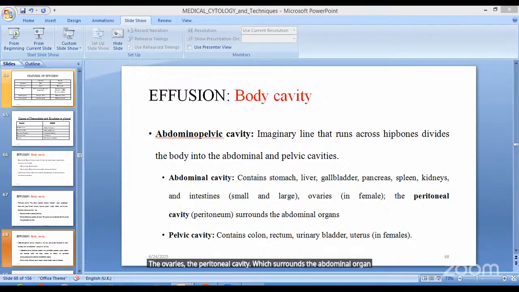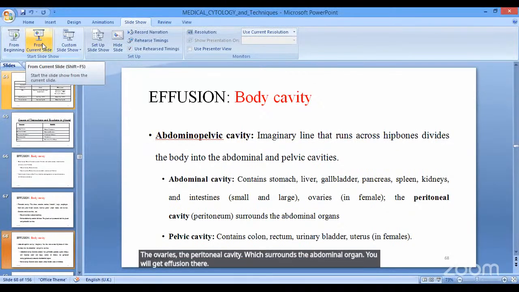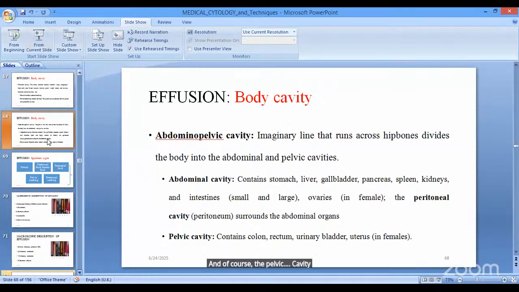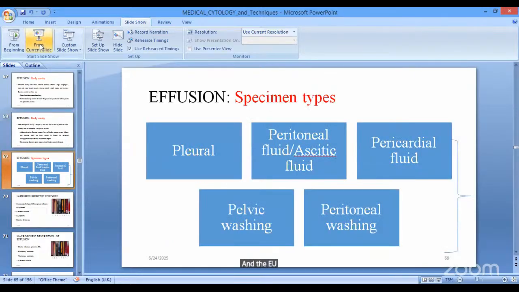You will get effusion there. And of course, the pelvic cavity, where you find the rectum, urinary bladder, and the uterus, etc.